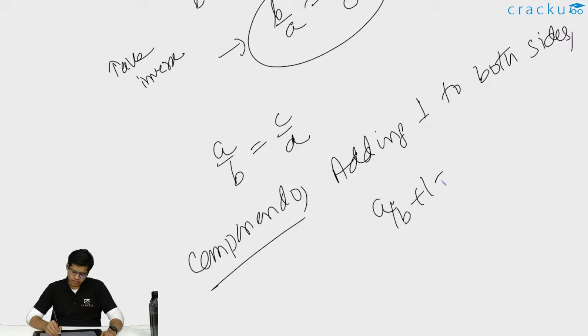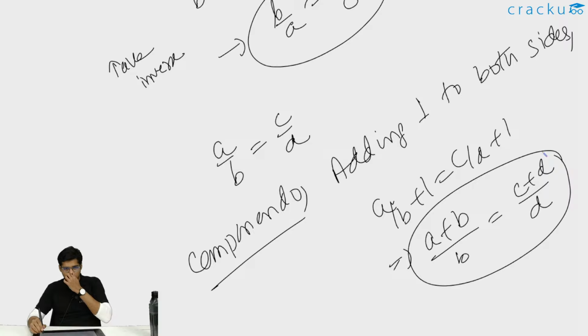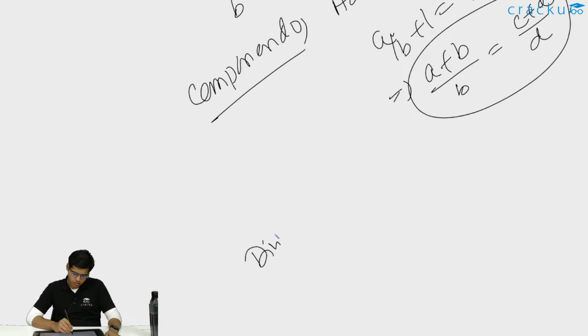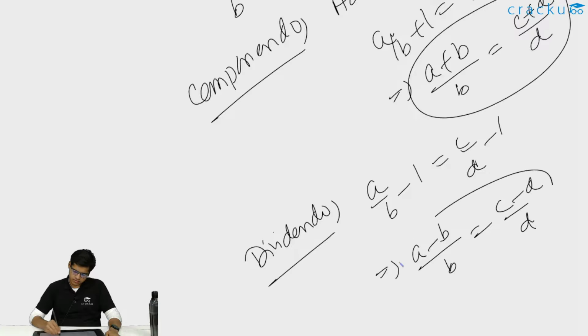So a by b plus 1 equals c by d plus 1, or a plus b by b equals c plus d by d. This is what we mean by componendo. And similarly, just the opposite is dividendo. Dividendo means we will subtract 1 from both sides. So a by b minus 1 equals c by d minus 1, or a minus b by b equals c minus d by d.